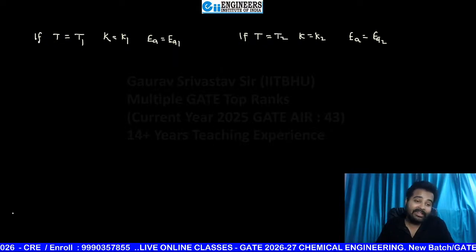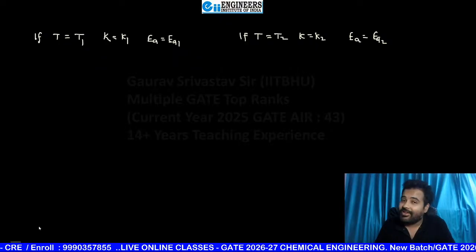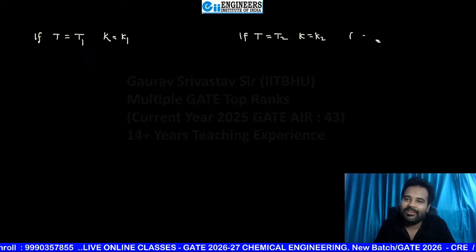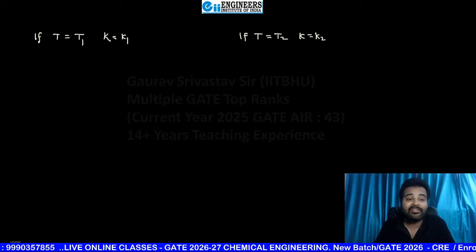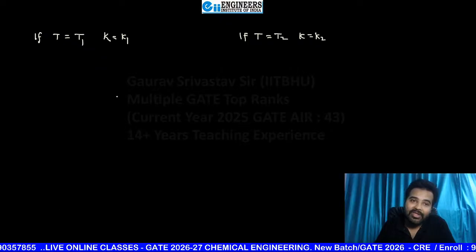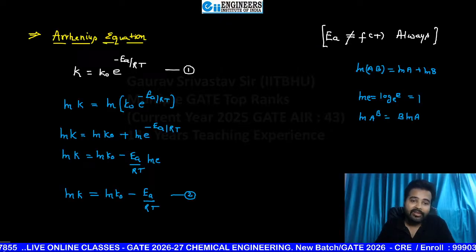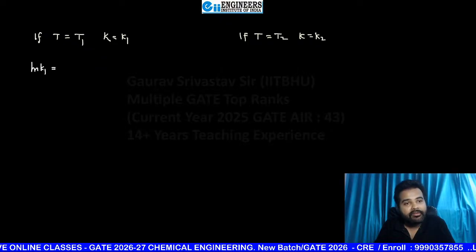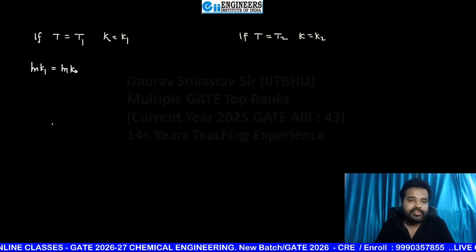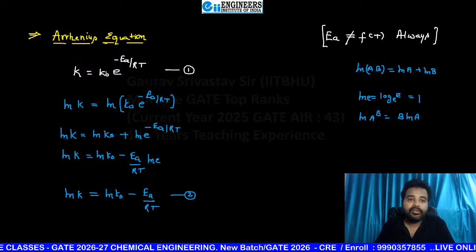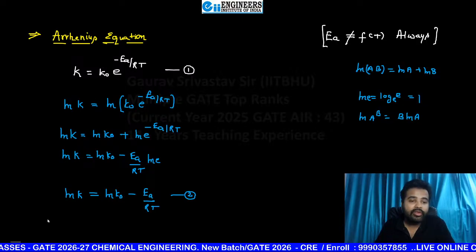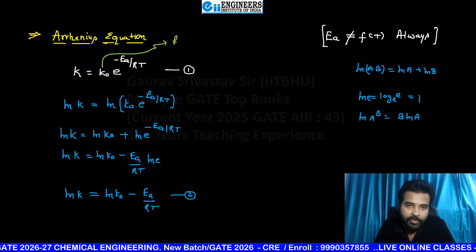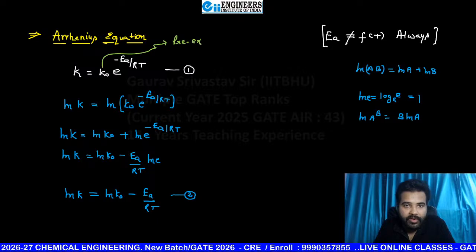But, my dear students, I just told you activation energy is not a function of temperature, so no need to write it, because for both cases EA will remain the same. K will not be the same, but EA will remain same. So for this case, you can write ln of K1 equals ln of this constant, and see beta, this constant K naught in the Arrhenius equation is known as the pre-exponential factor.